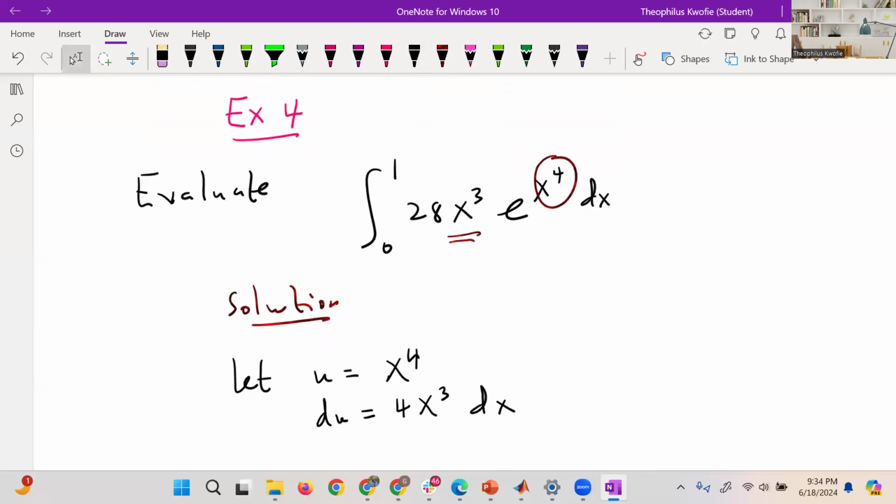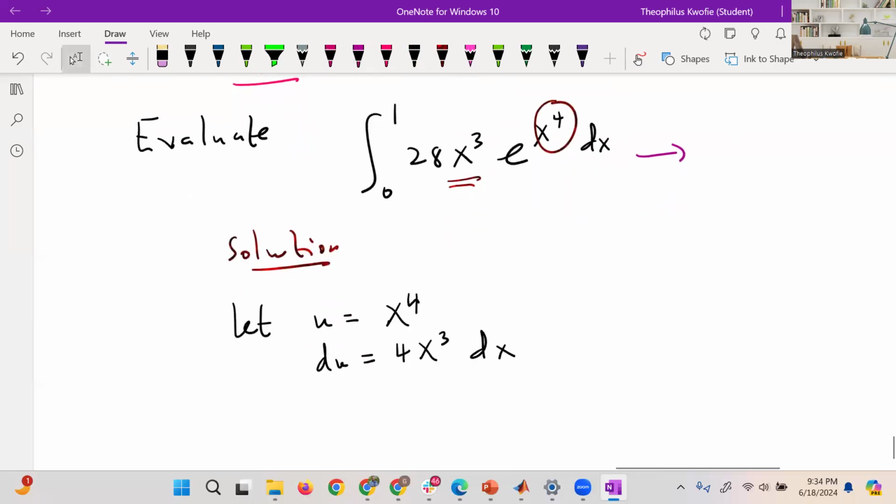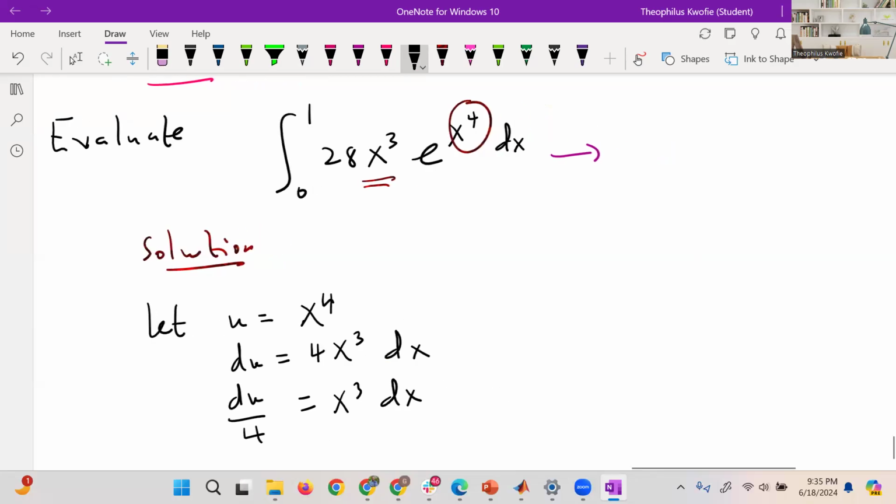But you see that we have x to the power 3 dx here. So we can rearrange this to fit what we have here, so du over 4 equals x to the power 3 dx, which would enable us to rewrite this particular problem in this nice structure, okay?